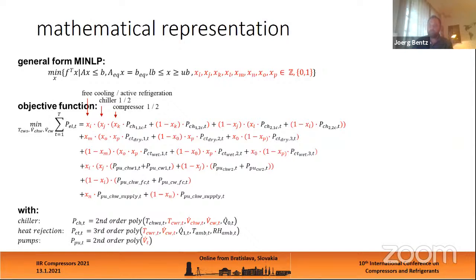Each polynomial has its own independent variables and a dependent variable, which is of course the electrical power consumption. To connect all those electrical consumptions, you connect them with decision variables, which can be optimized, and the solver can also switch these components on and off during the optimization.